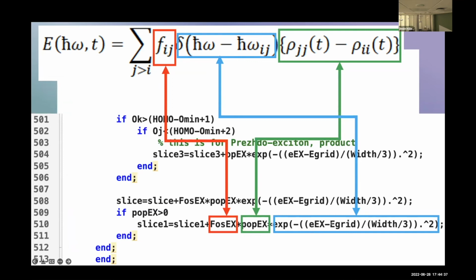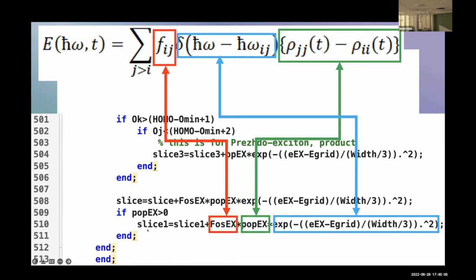Instead of a delta function, we have a Gaussian function, an exponential, and the contribution over all possible transitions is arranged as a summation of different terms.